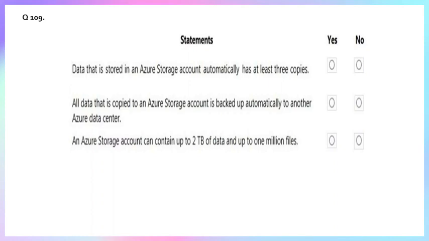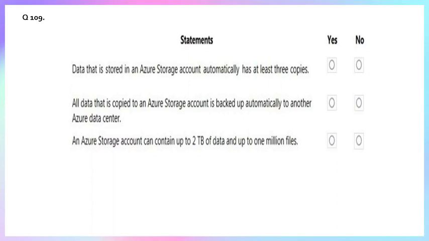Statement 1 says data stored in an Azure storage account automatically has at least 3 copies. Yes. Azure uses locally redundant storage, that is LRS, by default, which keeps 3 copies of data within a single data center. So statement 1 is correct. Statement 2. All the data copied to an Azure storage account is backed up automatically to another Azure data center.